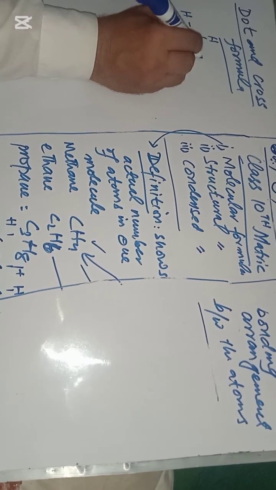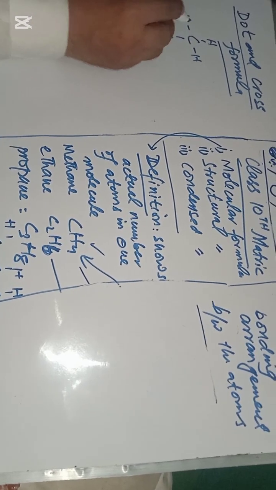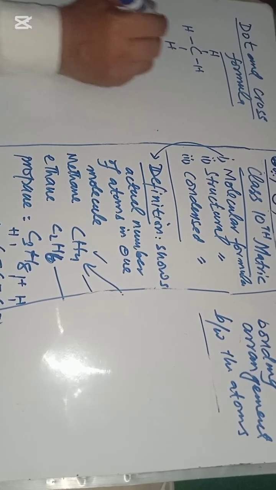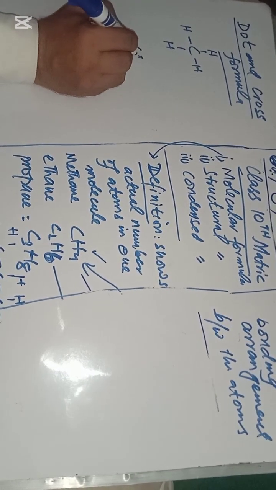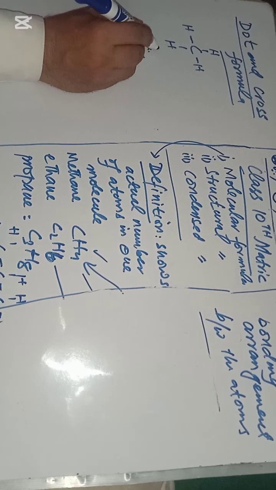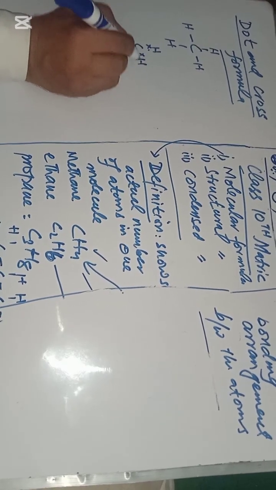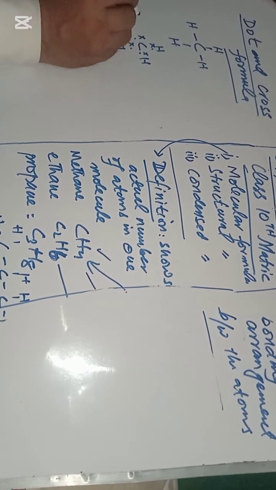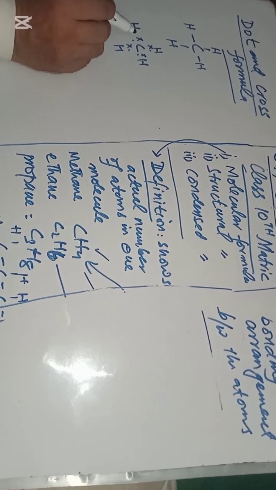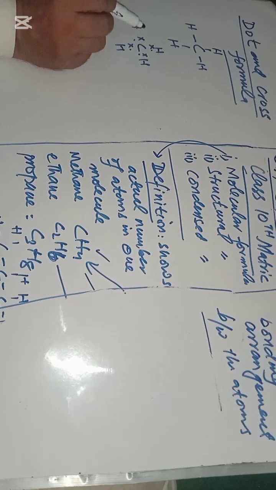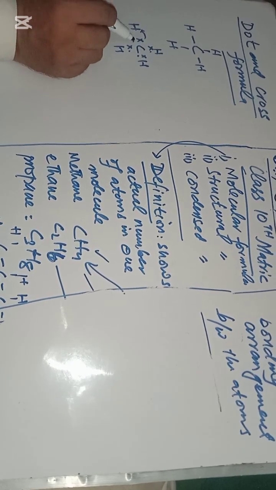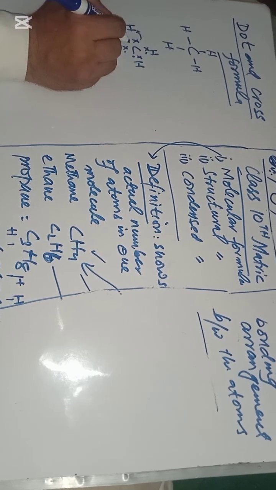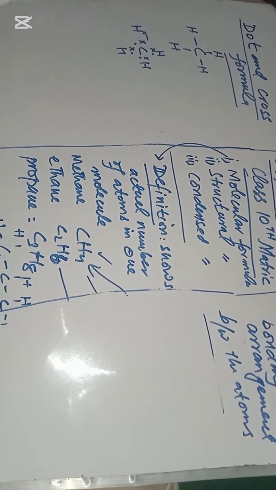We have already discussed that this single line represents the single covalent bond. So it means that carbon and hydrogen are singly covalently bonded over here in methane. So this is the dot and cross formula. Let's suppose the cross is for hydrogen and the dot is for carbon, so as to distinguish between the two kinds of atoms.